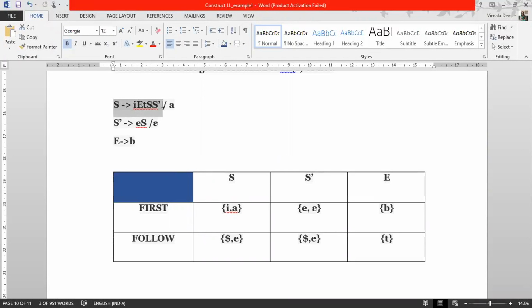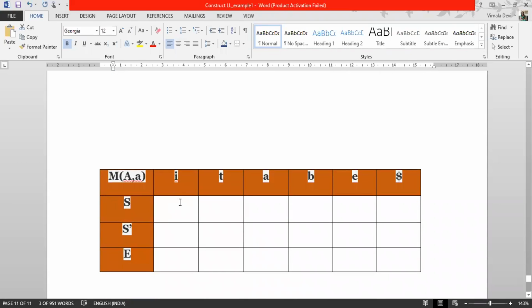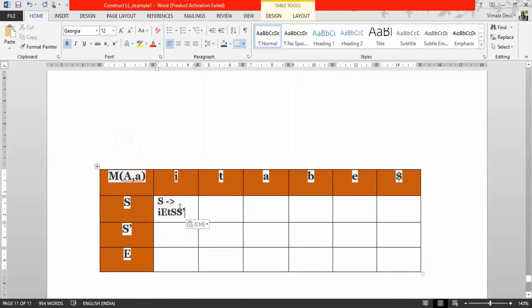It is i, isn't it? Actually, first of S is two symbols. One is i, another one is a. But you have got i from the rule iEtSS'. So consider only that rule. Now I have to fill this rule in the cell S comma i.